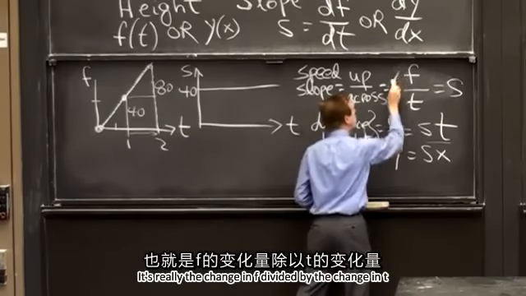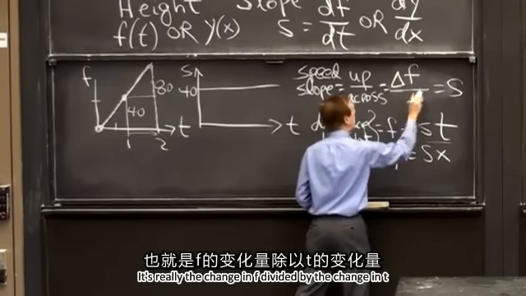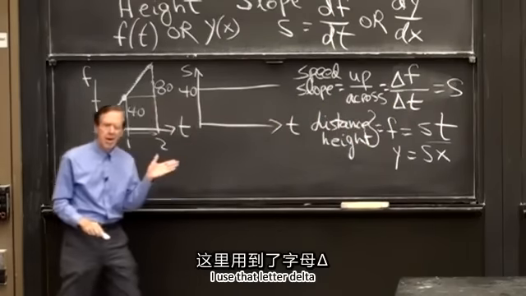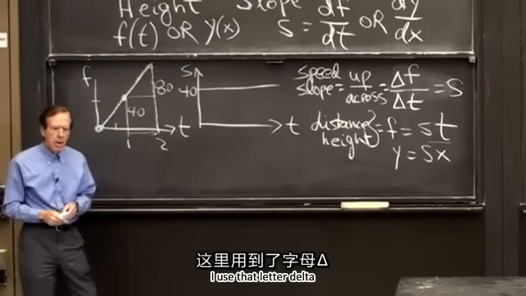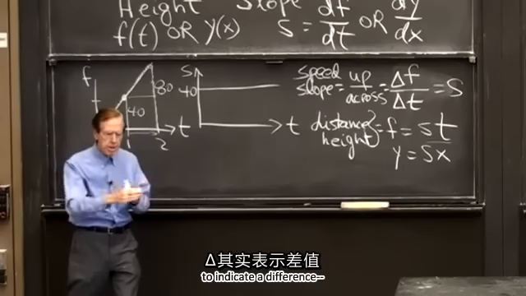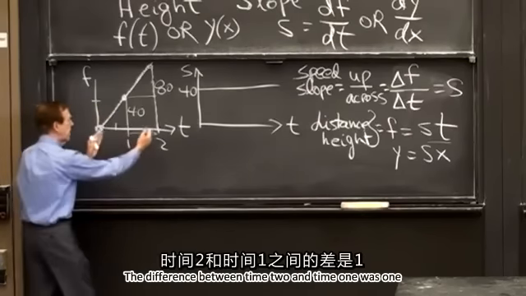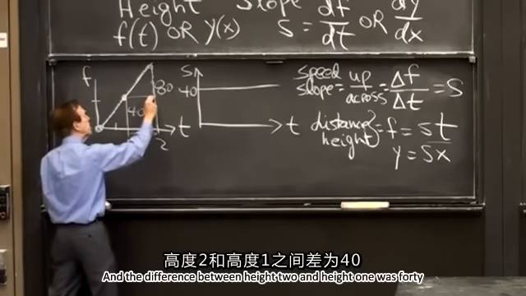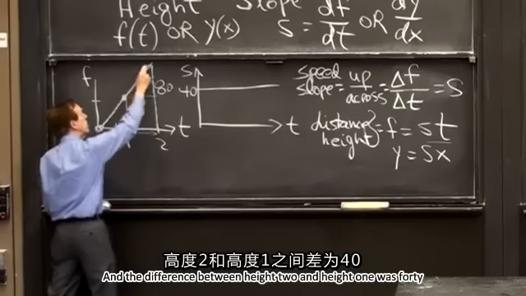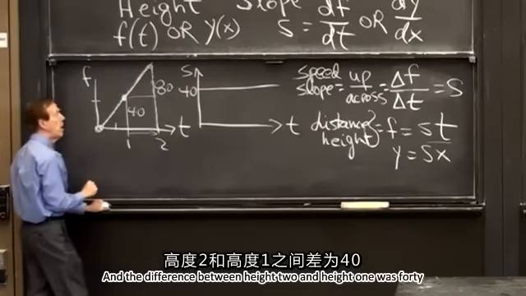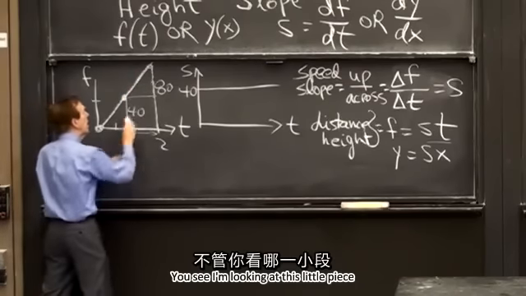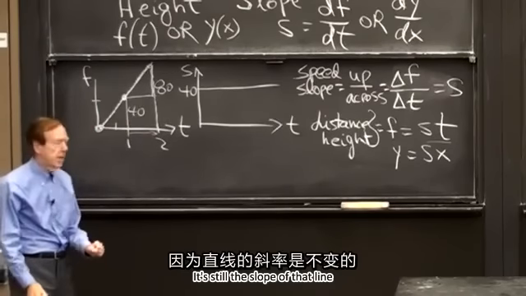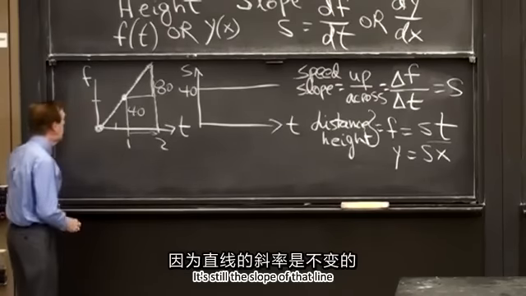It's really the change in f divided by the change in t. I use that letter delta to indicate a difference. The difference between time 2 and time 1 was 1, and the difference between height 2 and height 1 was 40. You see, I'm looking at this little piece. And of course, the slope is still 40.